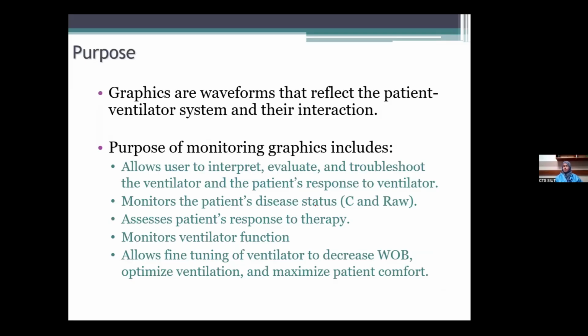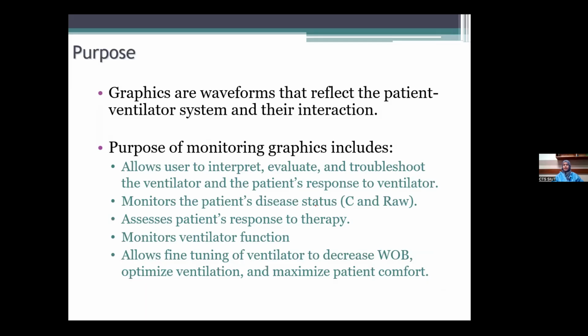So the purpose of this presentation would be the graphs and the waveforms which reflect patient ventilator systems and their interactions. The monitoring of these graphs will allow us to interpret and evaluate troubleshooting as the patient interacts with the ventilator.